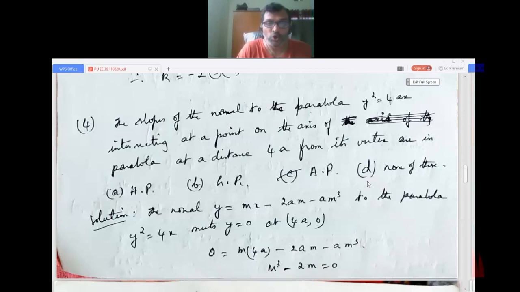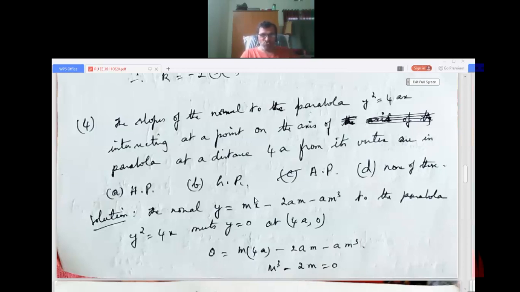So once again, the slopes of the normal to the parabola y squared equals 4x intersecting at a point on the axis of the parabola at a distance 4a from its vertex are in harmonic progression, geometric progression, arithmetic progression, none of these.